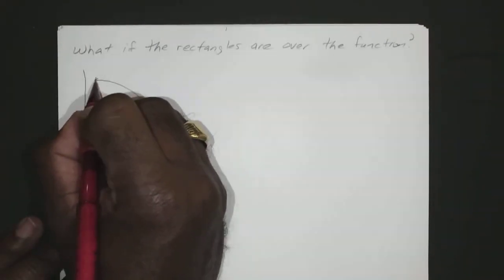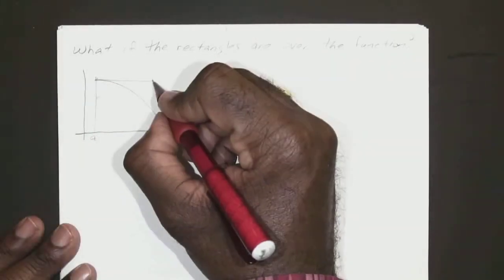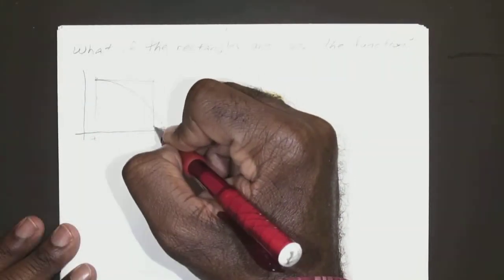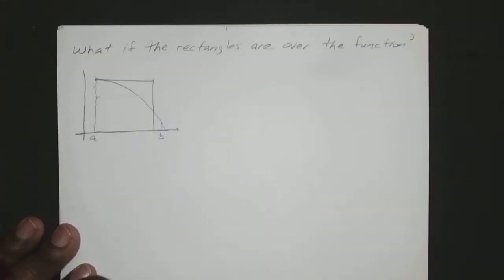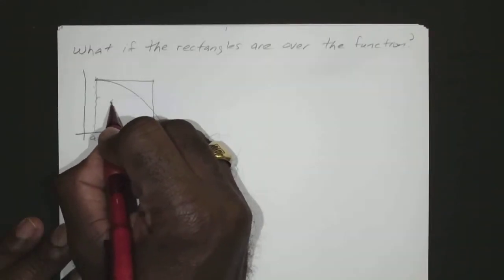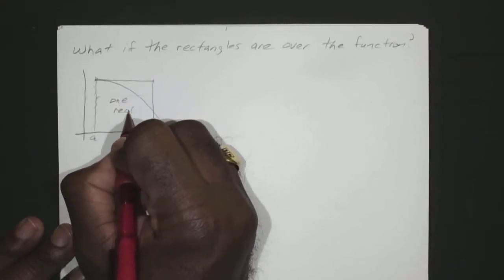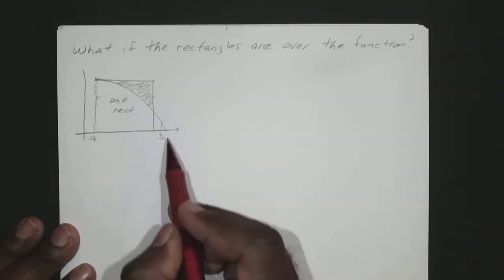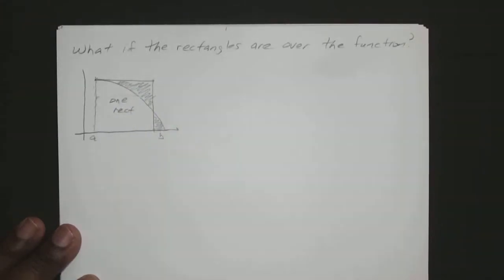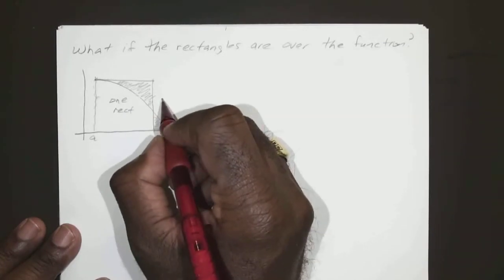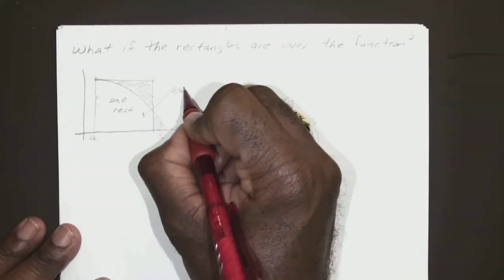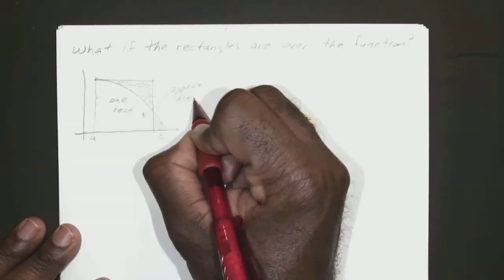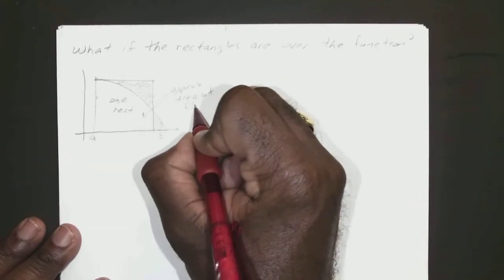We go up there, and say we go down to here. Okay, which gives us a pretty decent approximation. The only problem is we have all that extra space, and we still didn't account for that. But just like before, it gave us some place to start. Okay, so this is just the approximate area of our function.